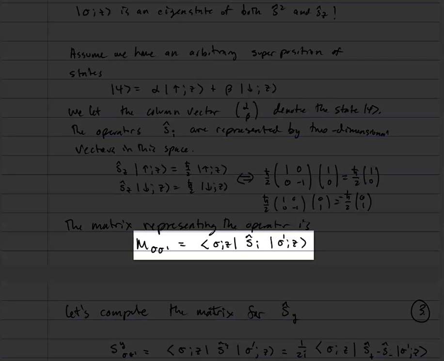The other way that we can calculate it is we actually calculate the matrix element. There are 4 terms here because sigma can be up or down and sigma prime can be up or down, where we take the matrix elements with a bra sigma z, Si, ket sigma prime z. Now, I find a lot of times people have trouble figuring out how to compute this. So let's talk you through how that's done.